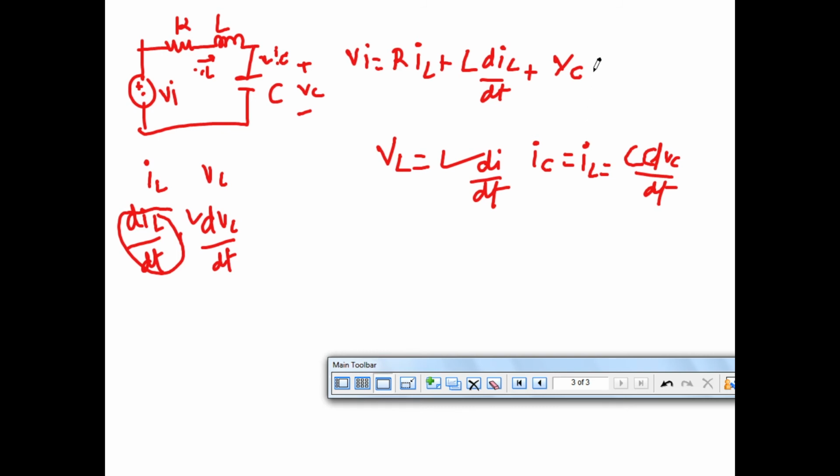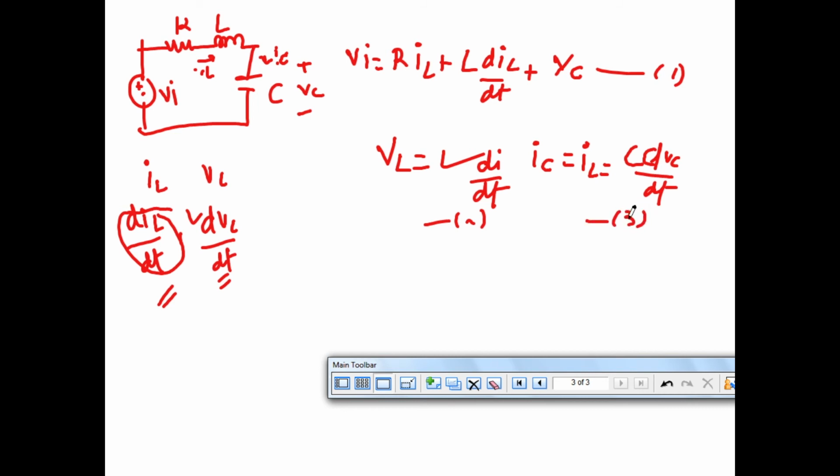Now we are taking these two state variables, dVc by dt and dIL by dt. Let us say this is equation number 1, this will be equation number 2, and this will be equation number 3.